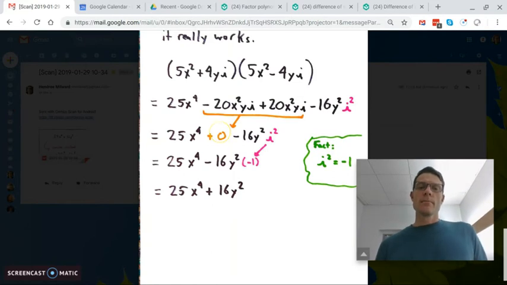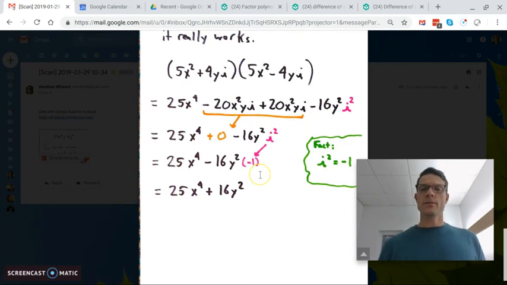And then i, by definition, i squared is equal to negative 1. So really the i squared is going to turn into a negative 1 and multiply times this negative 16y squared. This is why this minus changes into a plus, and then we get exactly what we need for our factorization to be equivalent to the original polynomial.